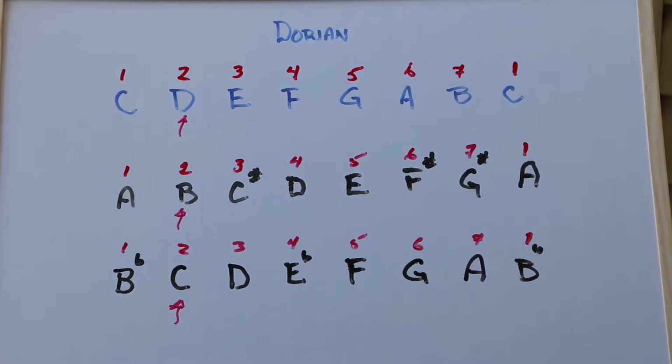All you need to do is go back one step, and that's your home key. So if you already know how to play your C scale or your A scale or your B flat scale, and we usually learn the major stuff first, it's easy. All you've got to do is start from the 2nd and end it on the 2nd.